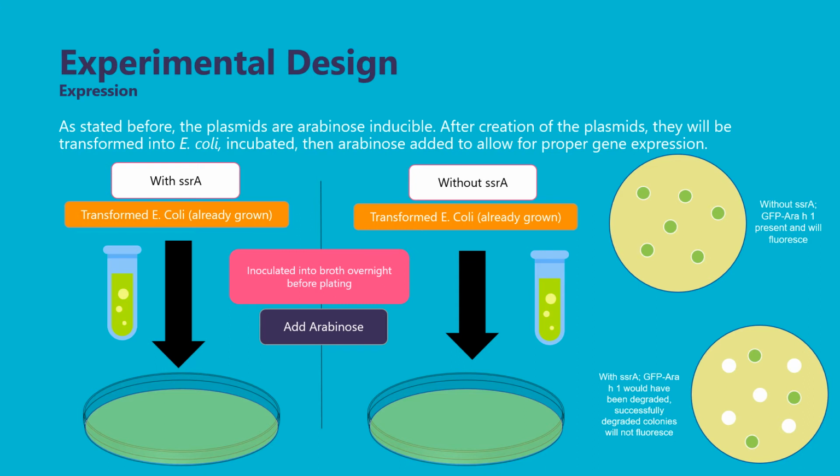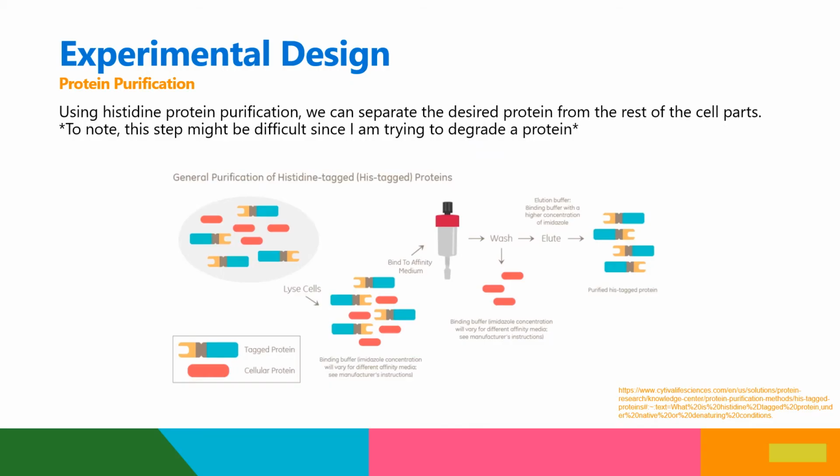I'm going to assume that the colonies that are green under the light would be ones that did not contain the SSRA tag, meaning GFP is still intact, and then the ones that do not turn green would have the protein degraded, therefore no GFP would be observed.